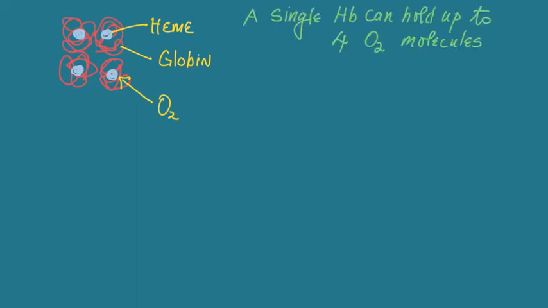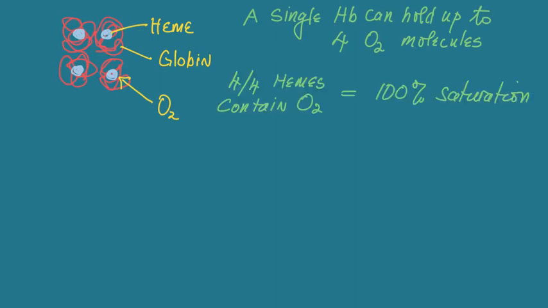Hemoglobin is made up of 4 globin chains and 4 heme molecules. The heme is shown in blue and the globin chains are shown in red. Oxygen binds to the heme portion of the hemoglobin. Since there are 4 hemes, a single hemoglobin molecule can hold up to 4 oxygen molecules. If all 4 hemes are bound to oxygen, then we say that the hemoglobin is 100% saturated.